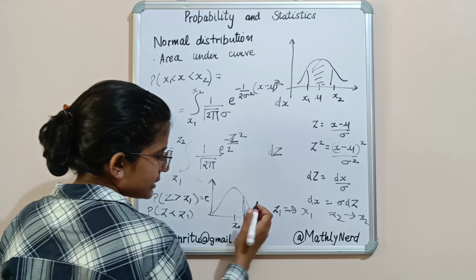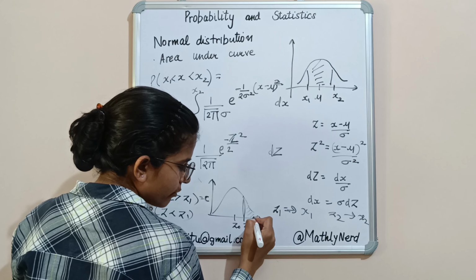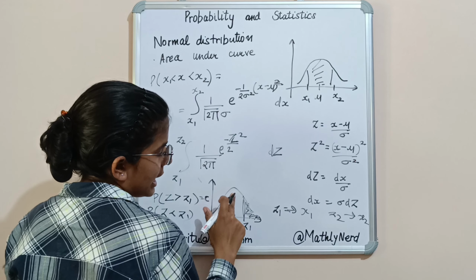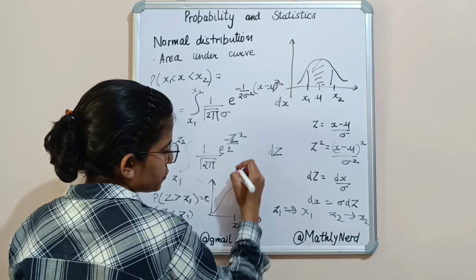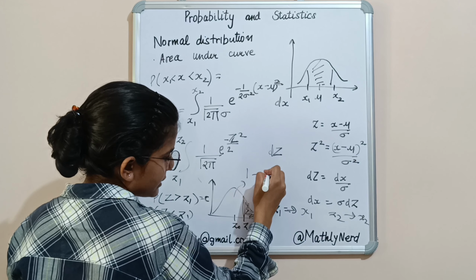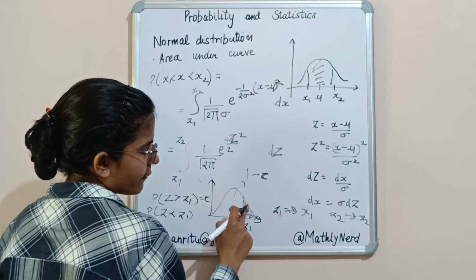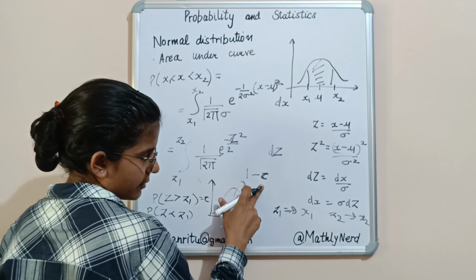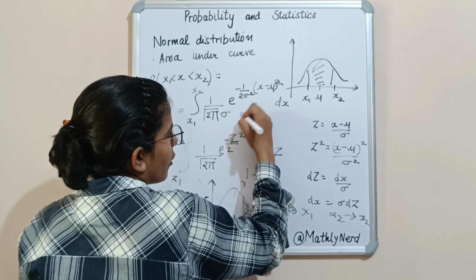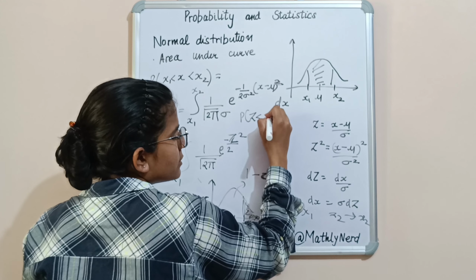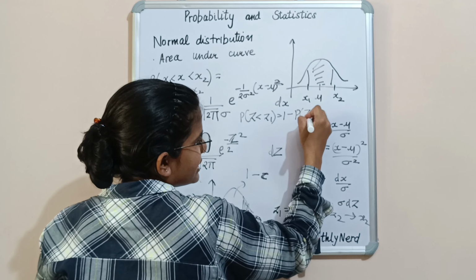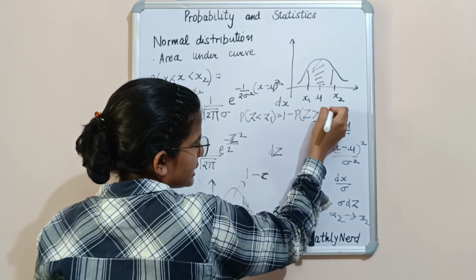The probability for Z greater than Z1 will be this area, and we know the area under this whole curve equals 1. If this area equals C, then this area will be 1 minus C. So the probability of Z less than Z1 equals 1 minus the probability of Z greater than Z1.